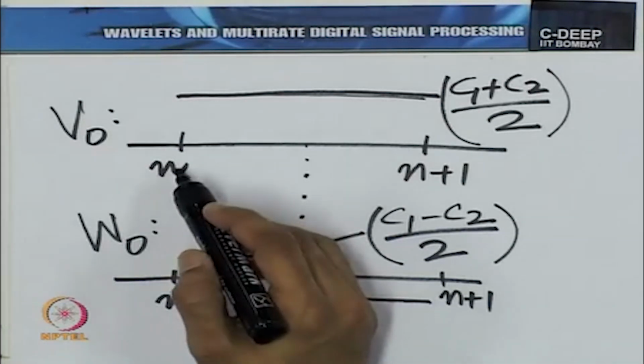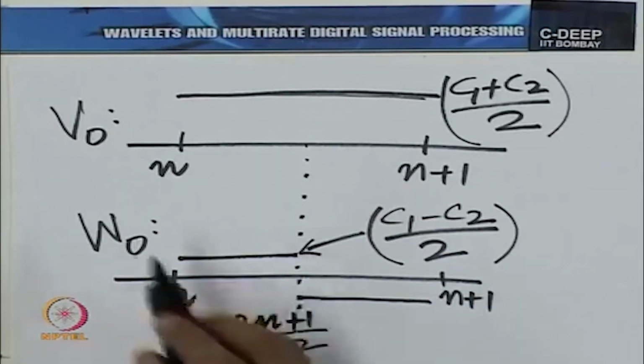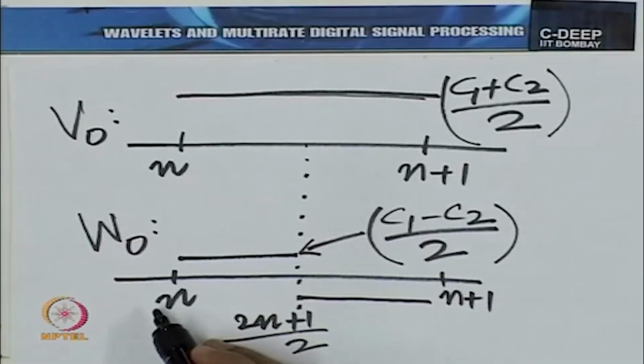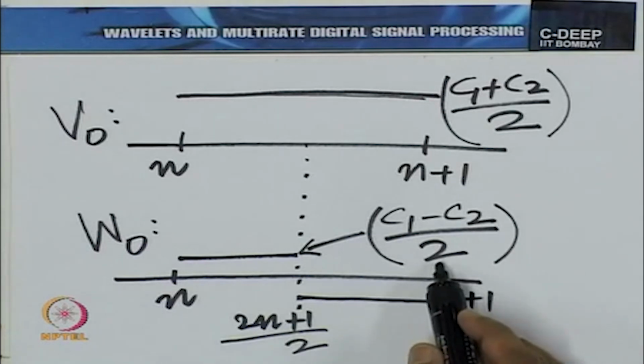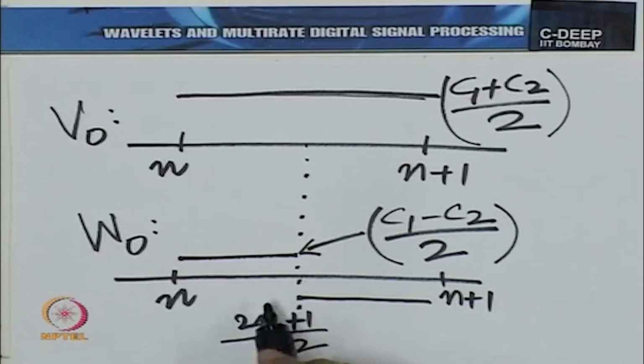So, you have the value C 1 plus C 2 by 2 for the sequence corresponding to this function at the point n, not 2 n, and you have the value C 1 minus C 2 by 2 corresponding to the function in W 0, but at the point n, not 2 n.